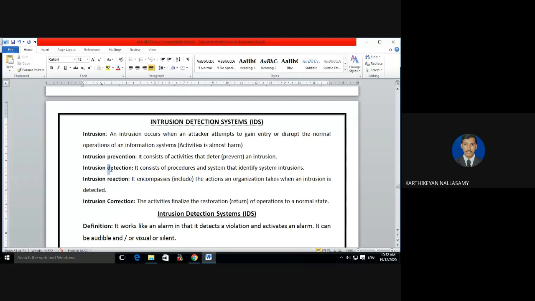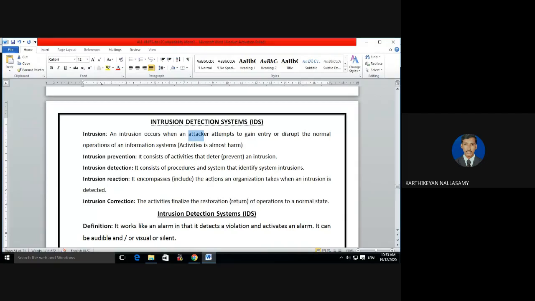Once an attack is found to be happening, we need to react immediately. That includes a set of actions when an attacker hacks the information, and we need to define what actions we need to take.